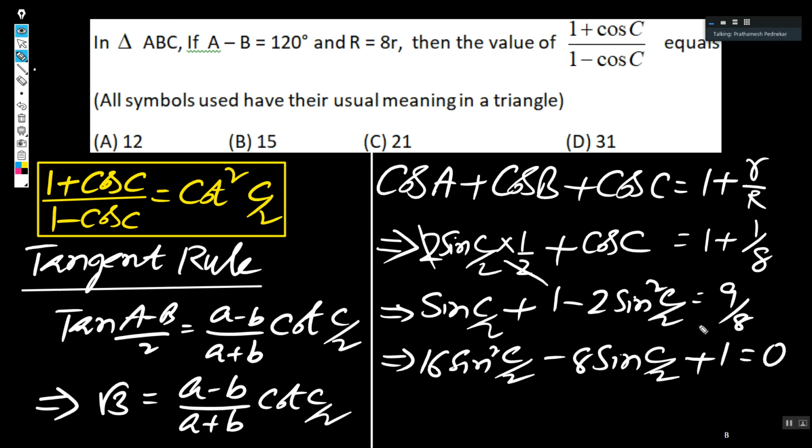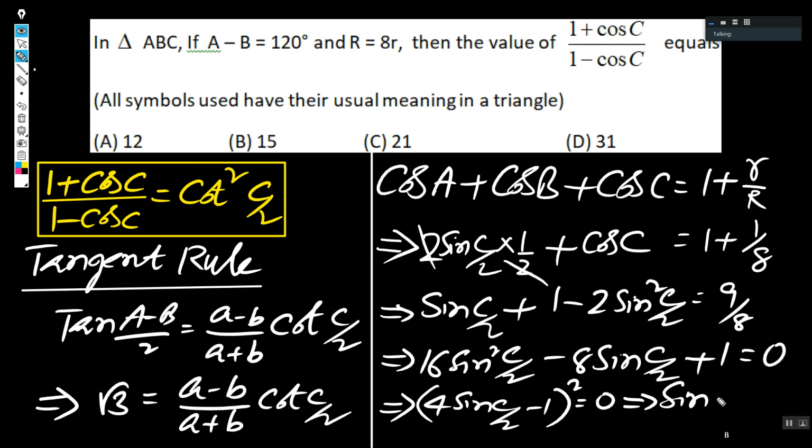It is (4 sin C by 2 minus 1) the whole square. Correct. This implies the value of sin C by 2 has come out: 1 by 4.